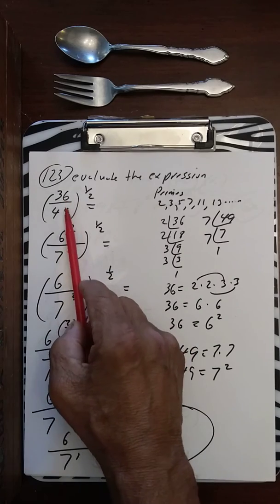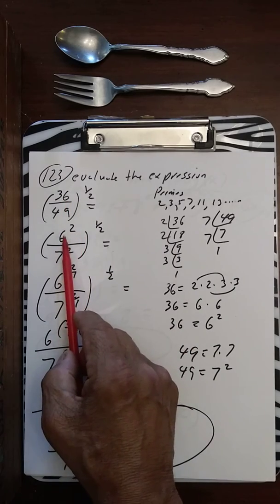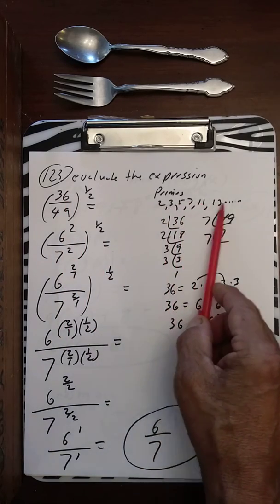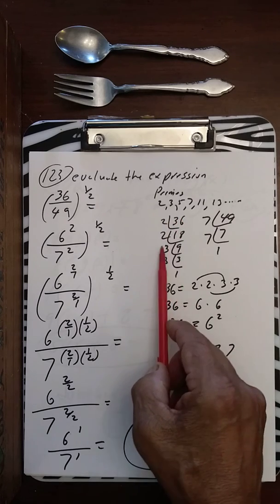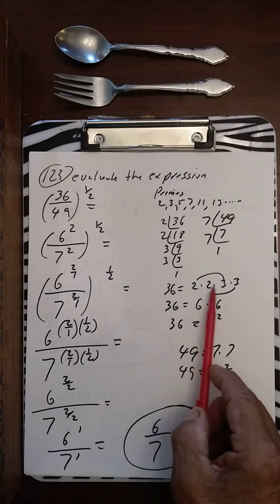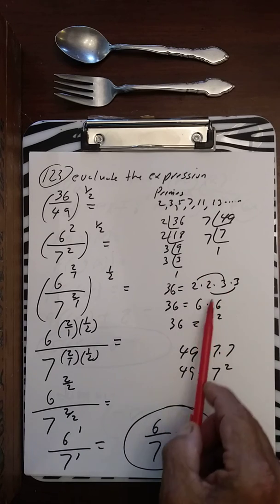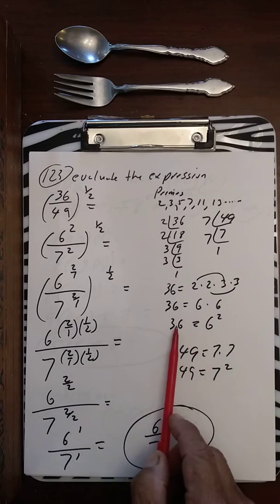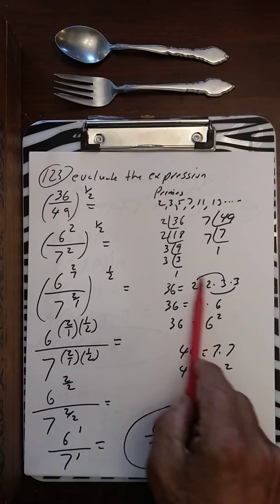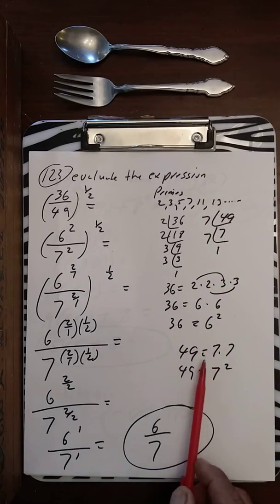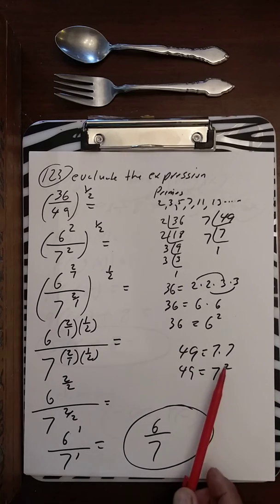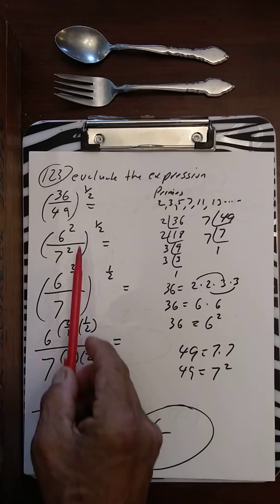Evaluate the expression: 36 to the 1/2 over 49 to the 1/2. Well, 2 divides 36, 2 divides that, 2 divides that, so we got 2, 2, 3, 3, or let's put them together, 2 and 3 is 6, 2 and 3 is 6, 6 times 6, or 6 squared, is 36. 49, 7 divides it, so it's just 7 squared. Now, replace these numbers back here.